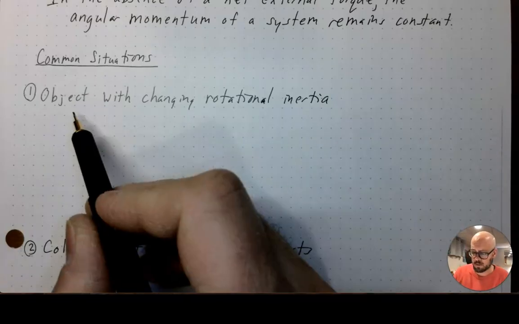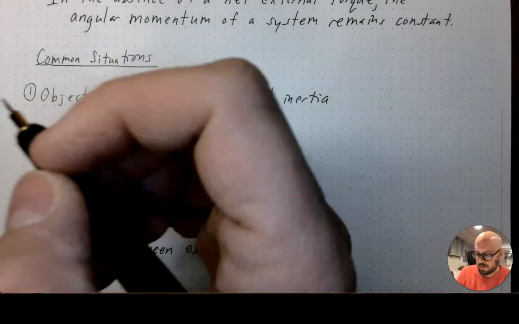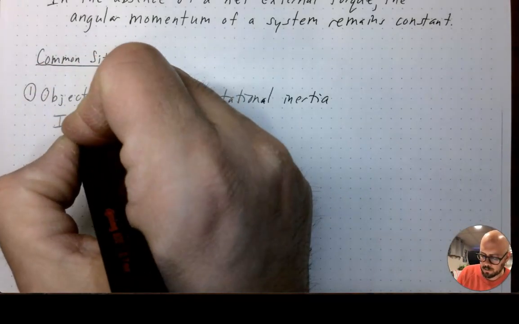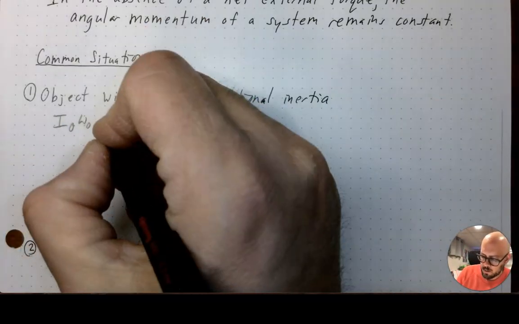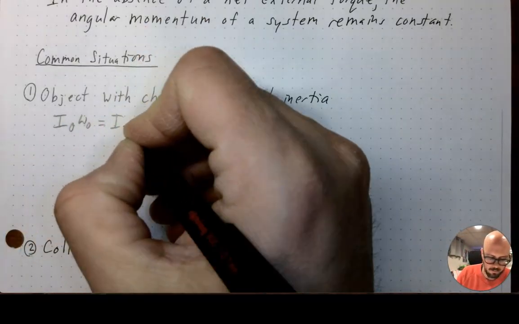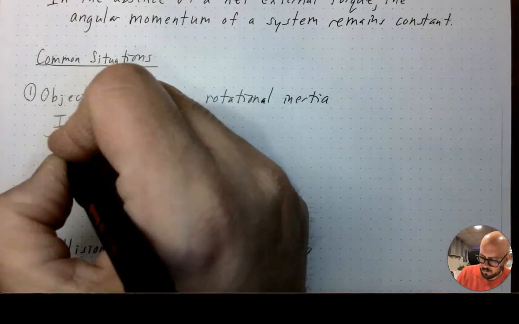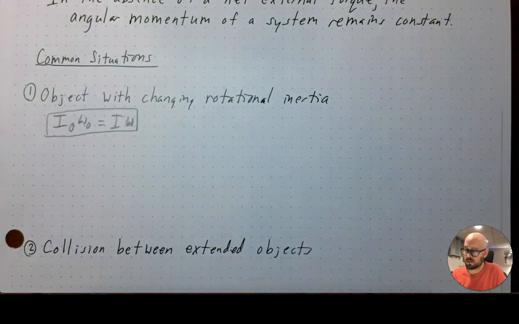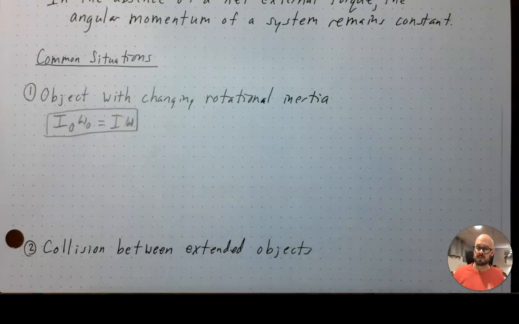So objects that in specific situations can actually change their rotational inertia. In equation form, we would write the initial angular momentum of that one object is equal to the final angular momentum of that same object. And the math of this situation is fairly simple, because I and omega have an inverse relationship.